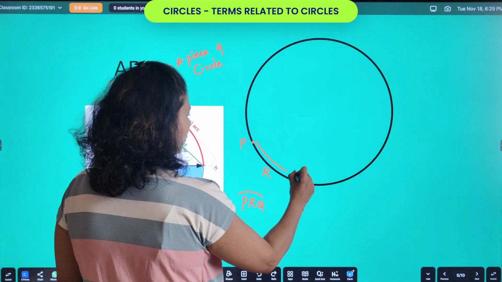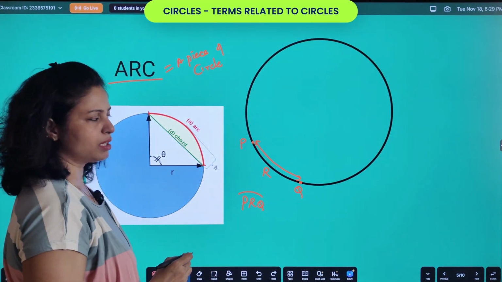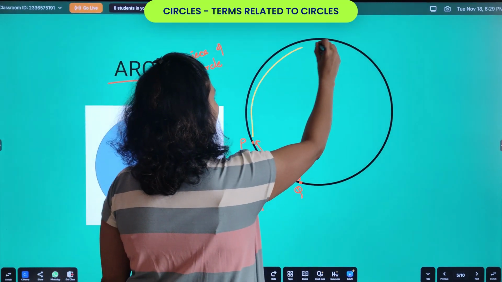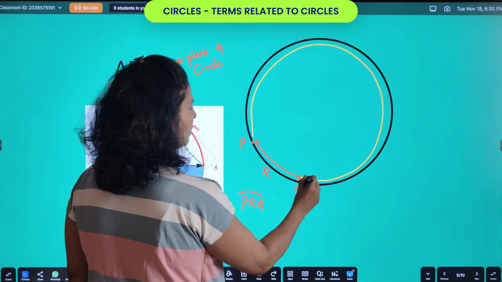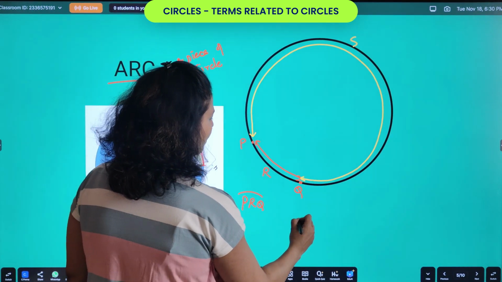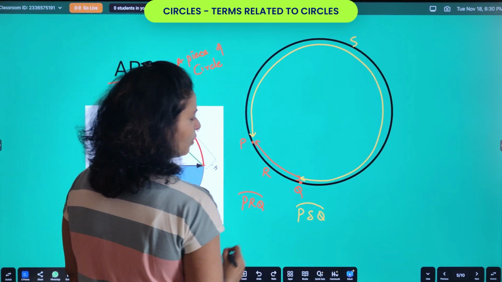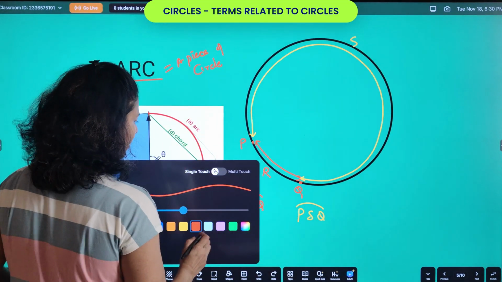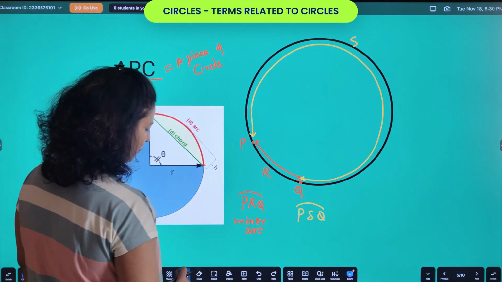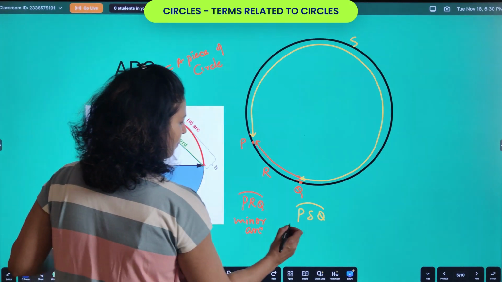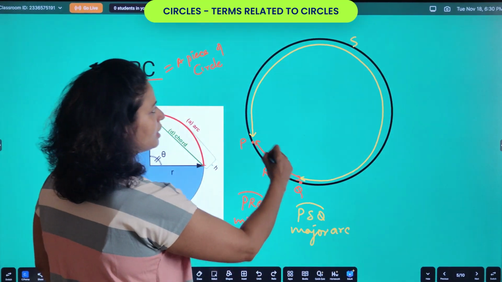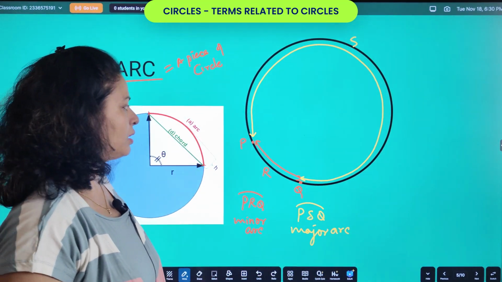This is a very small piece of the circle, and the remaining part is the bigger part. Suppose I call a point on it S, so this will be PSQ. This is the minor arc because it is smaller, and PSQ is the major arc because it is the bigger part of the circumference.